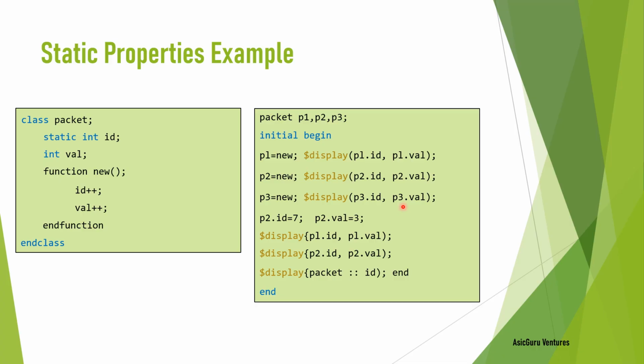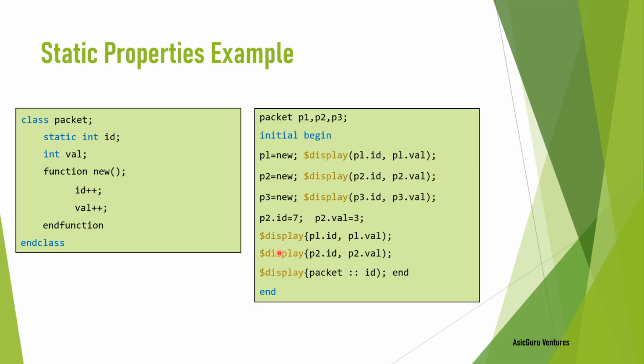Now ID is a static variable and is shared across all the instances. So every time new is called, it increments the value to 1, 2 and 3. But val is instance specific, which means it starts from 0 and is incremented by 1 only. So ID would be printed as 1, 2 and 3, but val would be printed as 1 for each call.